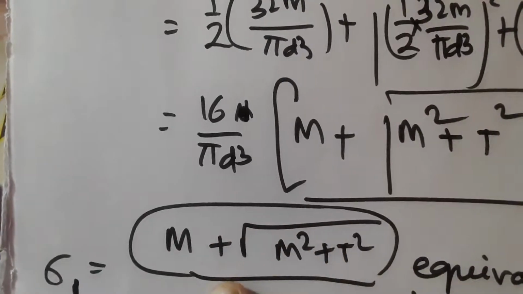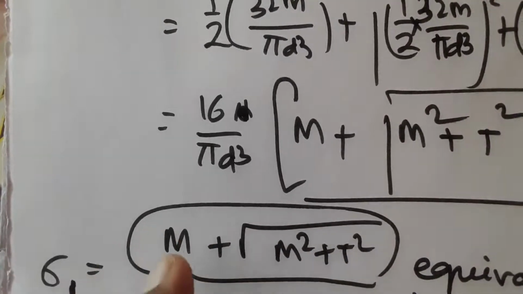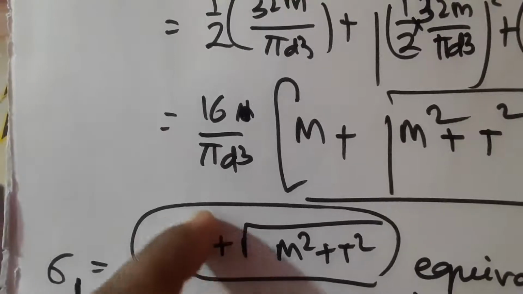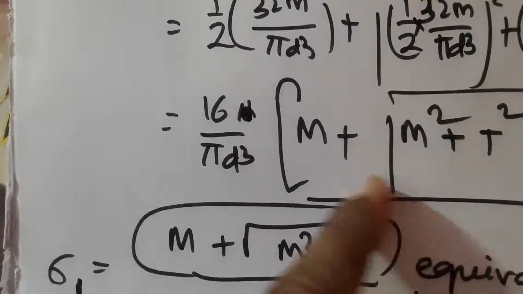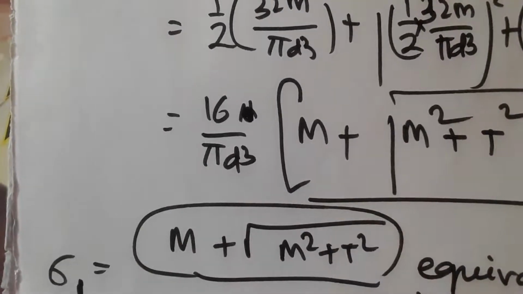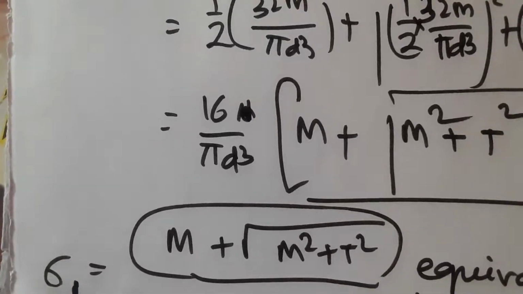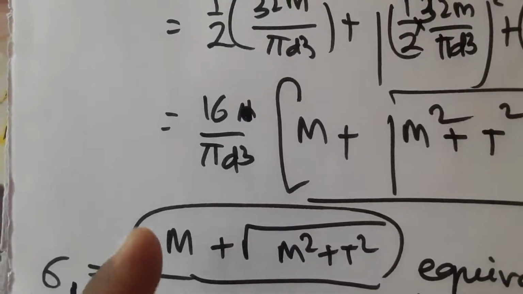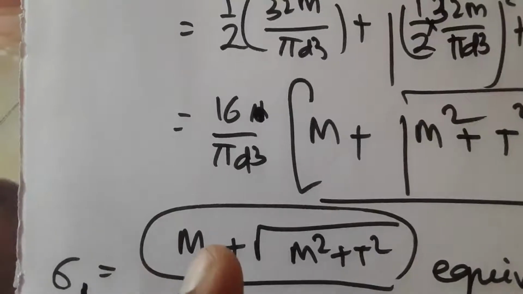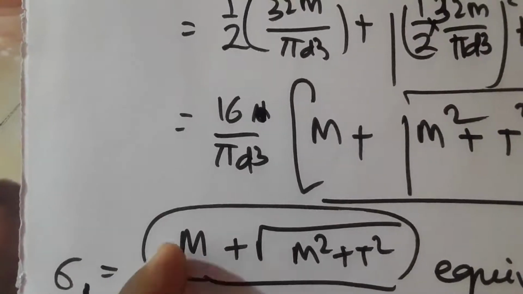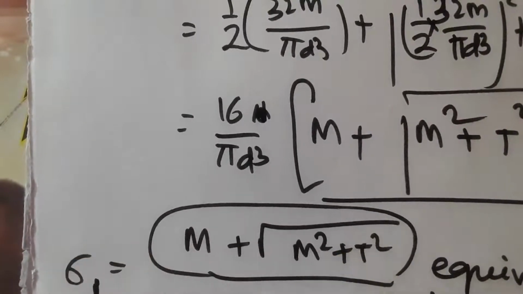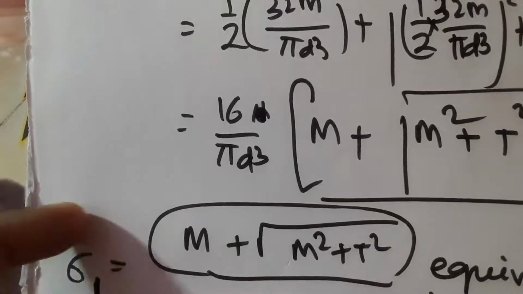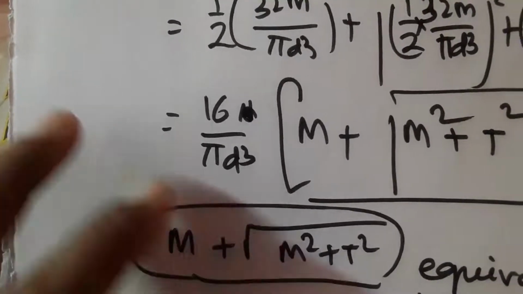Instead of that, if you only apply a bending moment whose magnitude is equal to the whole expression, that will also produce the same amount of stress. So this is equivalent to only a bending moment. Instead of bending and twisting, only a moment of this magnitude is going to produce this amount of principal stress.